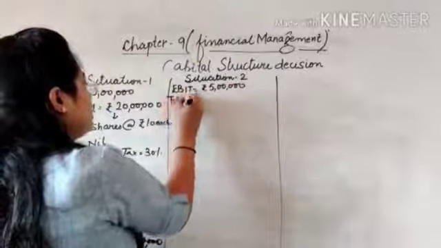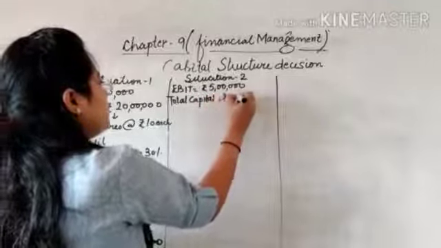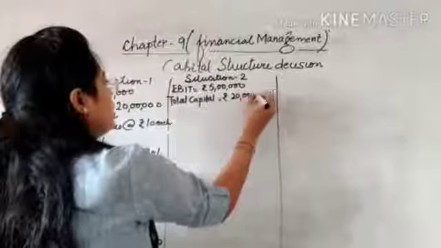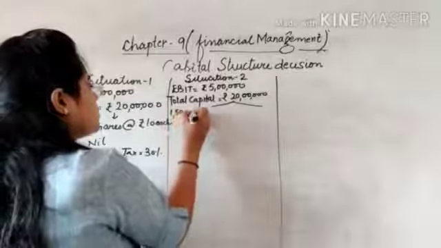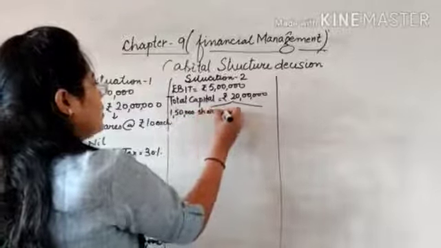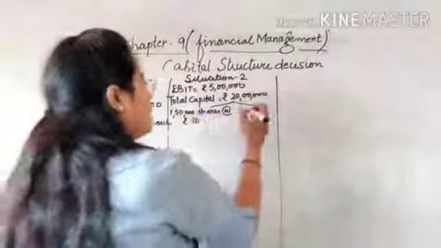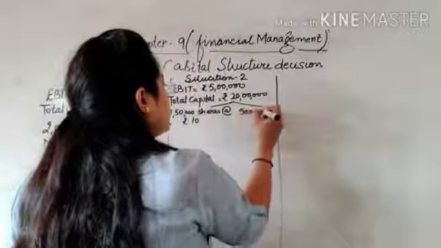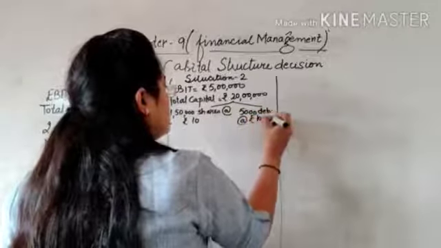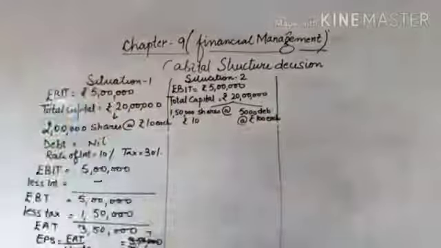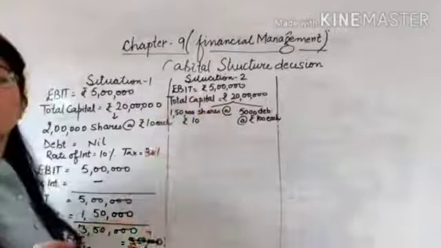Total capital 20 lakh, divided into 1,50,000 shares at the rate of rupees 10, that is 15 lakh, and 5,000 debentures at the rate of rupees 100 each, that is rupees 5 lakh. This is 15 lakh and this is 5 lakh, total is 20 lakh.